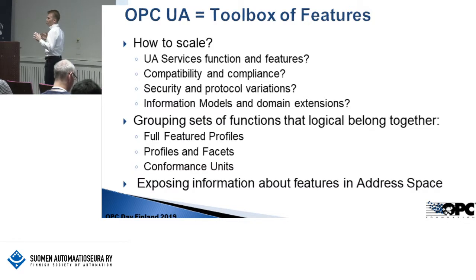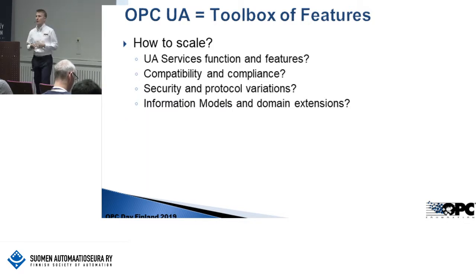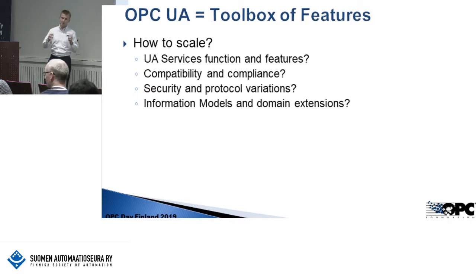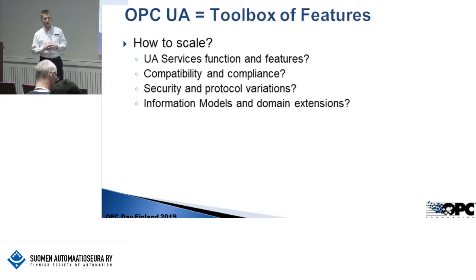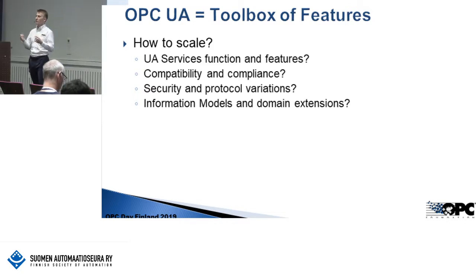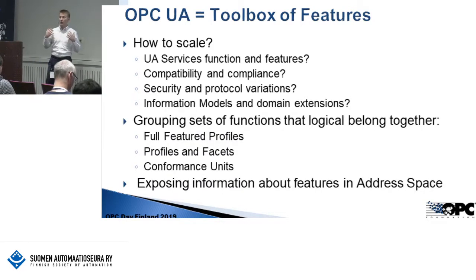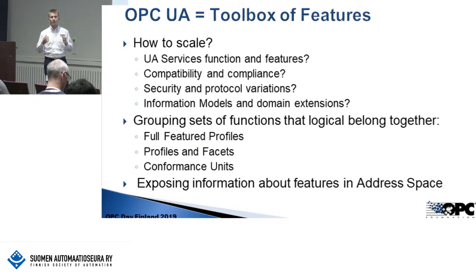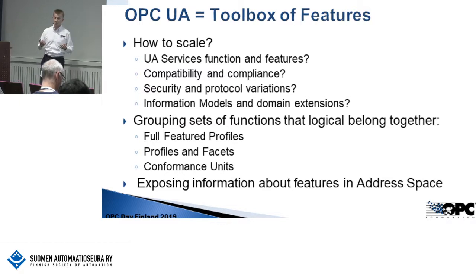So what you've learned so far, or what you might already know, is that OPC UA is a big toolbox, right? It's not just one specific use case that you can use OPC UA for, but a really big toolbox. So the question is, how do we define functions, features, how to scale things? In order to do that, we in OPC UA have the concept of profiles.